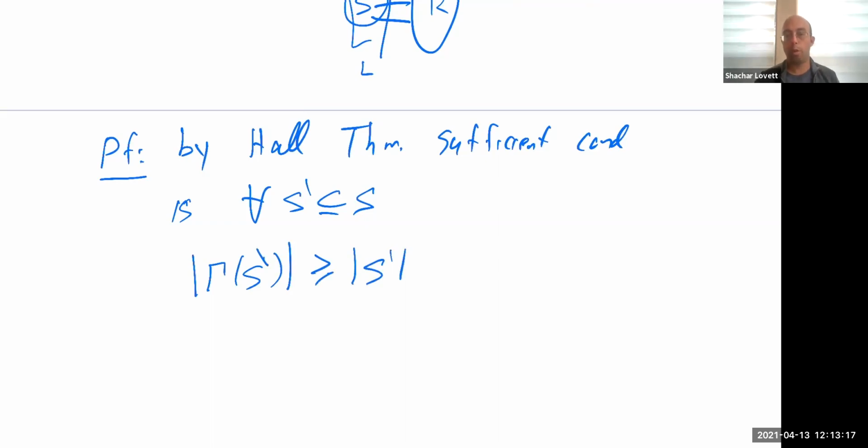This is exactly the condition we have, since it's a half-1 expander: S has size n over 2, so S prime has size at most n over 2, so it holds by assumption.